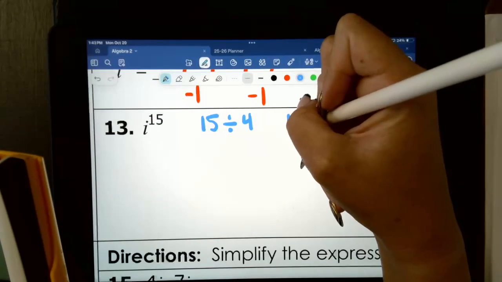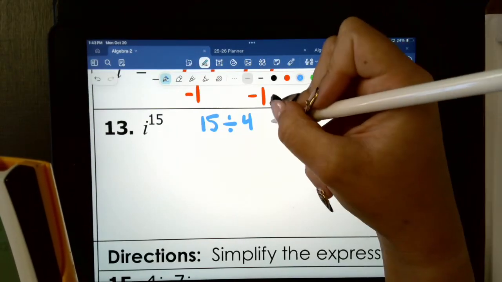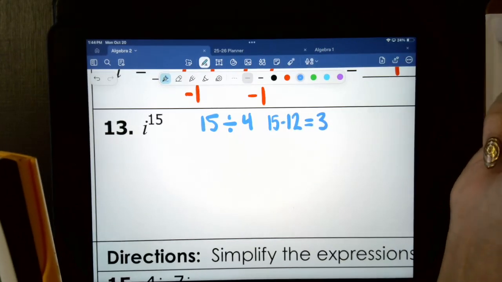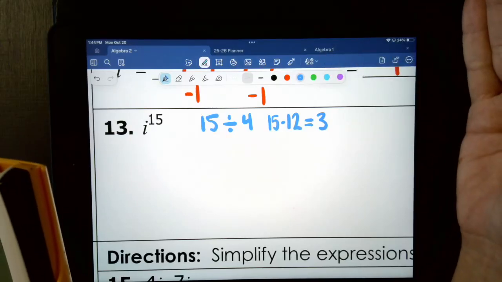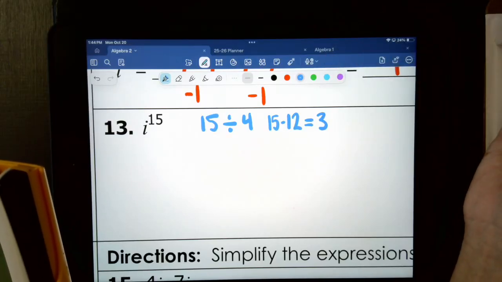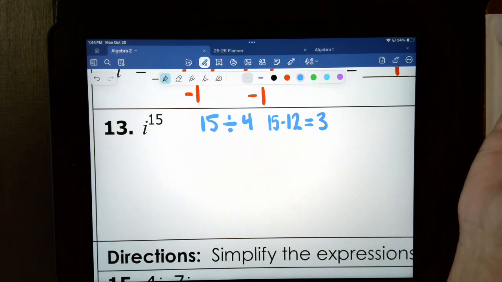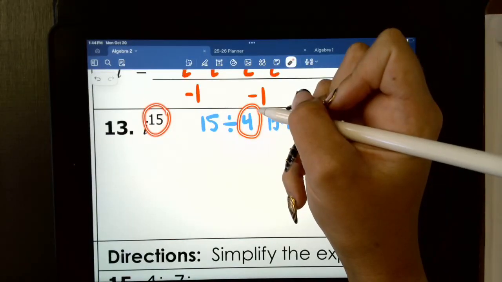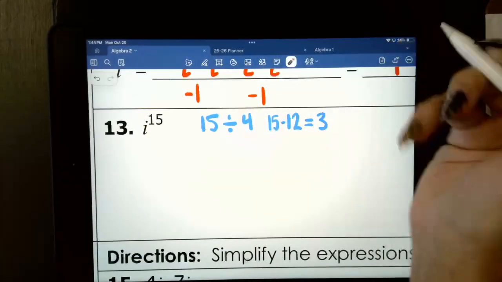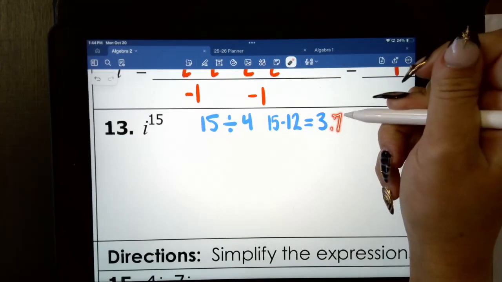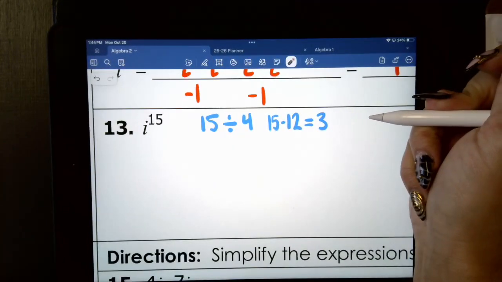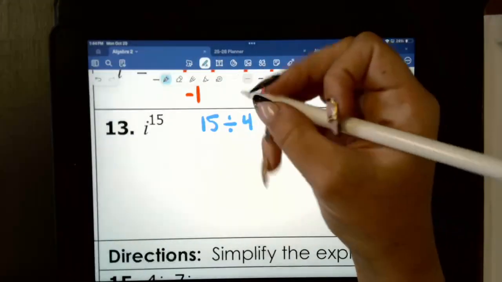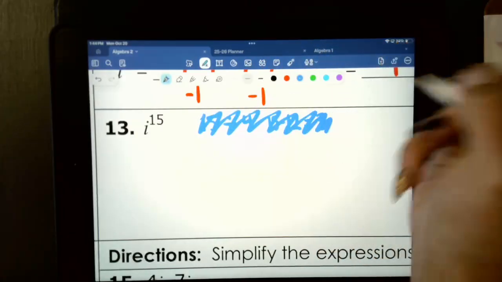So 12, and 15 minus 12 is going to be 3, right? That's the closest multiple of 4 you're going to get to 15. You divide the exponent by 4 and you get 3.75, right? But let's take it back to elementary really quick.